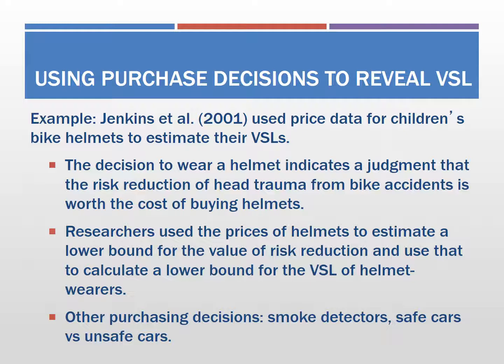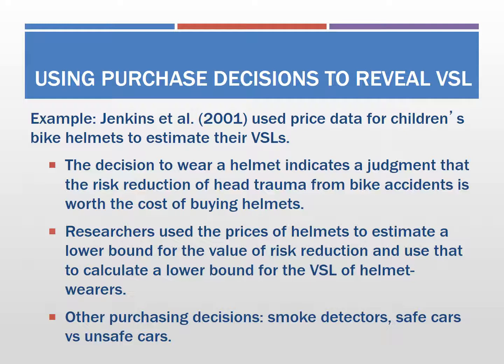This is a very simple approach, but the estimations of this approach also have shortcomings. First of all, if we look into this specific example by Jenkins et al. 2001, the decision to buy a helmet is not directly made by the children themselves. It actually reflects the parents' valuation of their kids' lives.